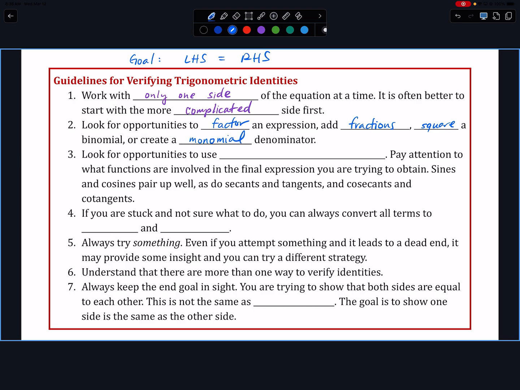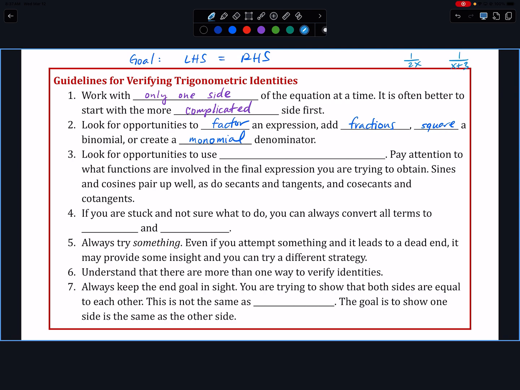Do you guys remember what monomial means? One thing in the denominator. So for example, if you have like 1 over 2x, that's monomial, but like 1 over x plus 3, that's not monomial because there's two things.